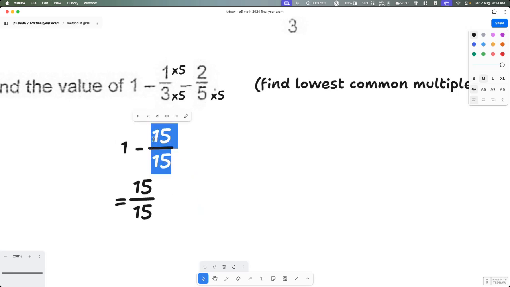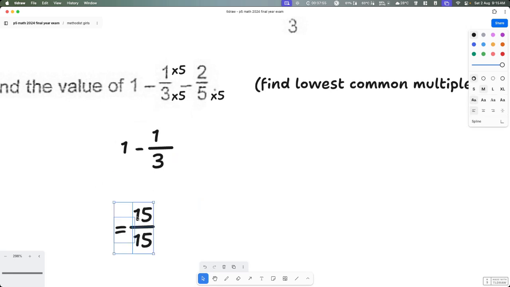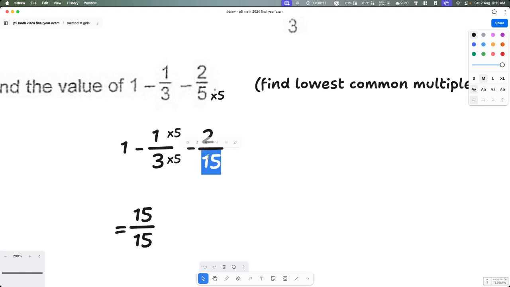So 1 minus 1/3, and we multiply by 5 over here, and then we minus again 2/5. We multiply this by 3, and we multiply the top by 3 as well.